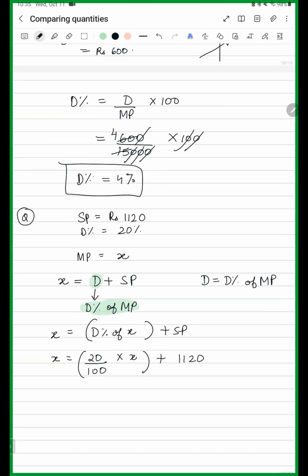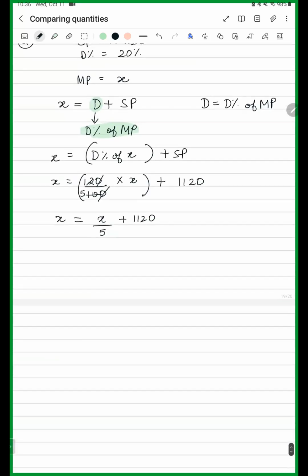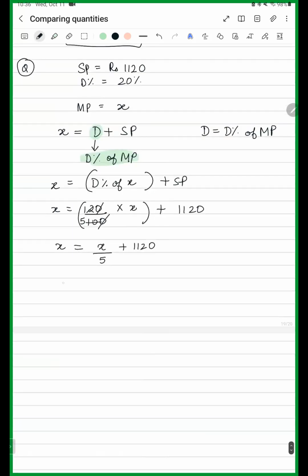Then these two zeros get cancelled, and it will become 2x divided by 10, which can be written as x by 5, plus 1,120. Then we take x by 5 to the other side, so it will be 5 by x?